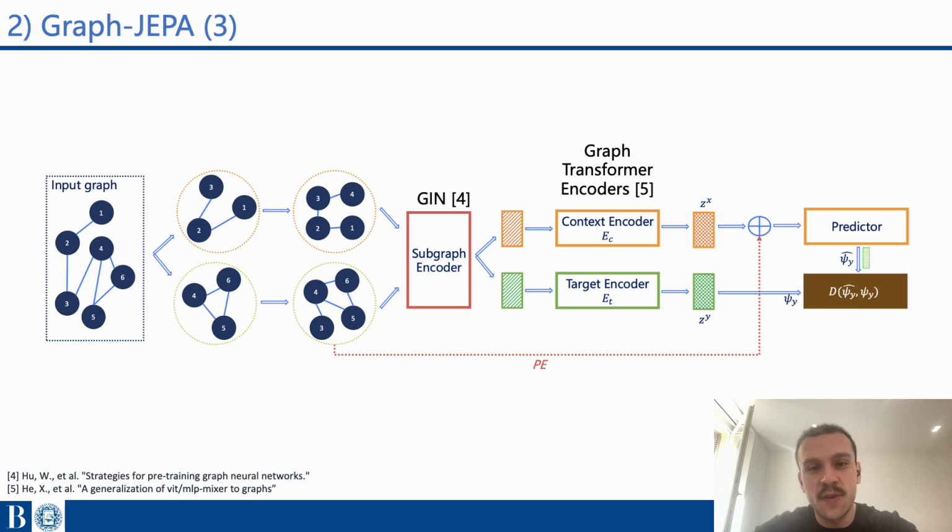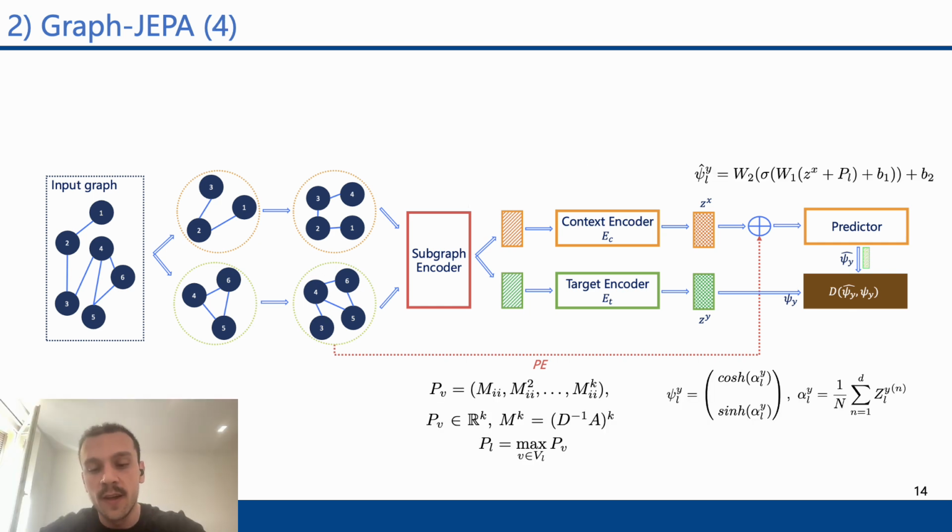But we do propose a very simple trick and workaround to avoid the problematics associated with working with hyperbolic neural networks. The first thing we do is, of course, we'd like to have a prediction task which is in a certain sense conditioned on some positional information, so we can make this task a little bit less ill-posed. To do that, we use a simple random walk positional embedding on the nodes of each subgraph, which is depicted below the red PE sign there.